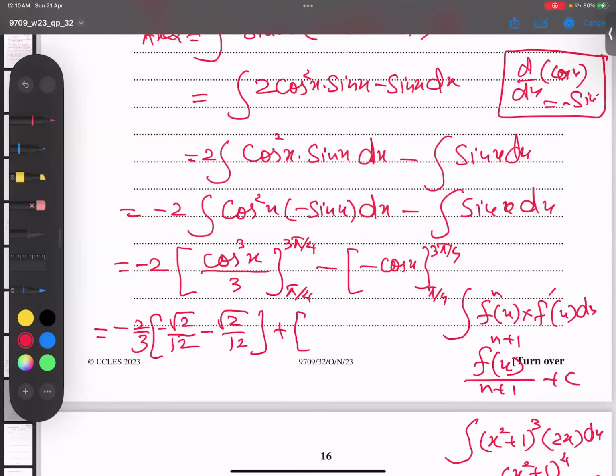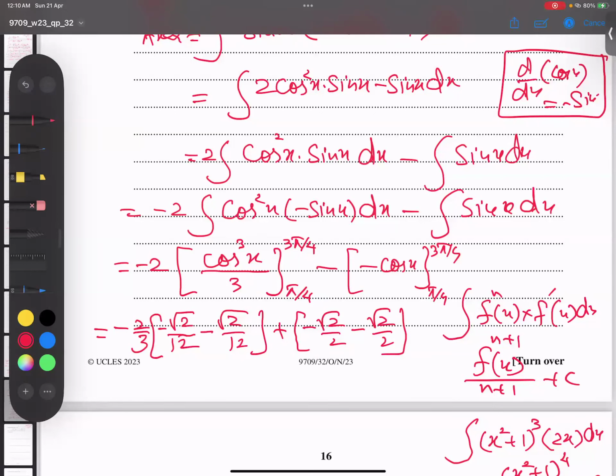And what here, student? Cos 3 pi by 4, I'm getting here negative root 2 by 2. Wait a minute, let me see the previous answer. Oh, it's a positive answer. Okay. Now when I plug in the other one, cos pi by 4, it gives you root 2 by 2.